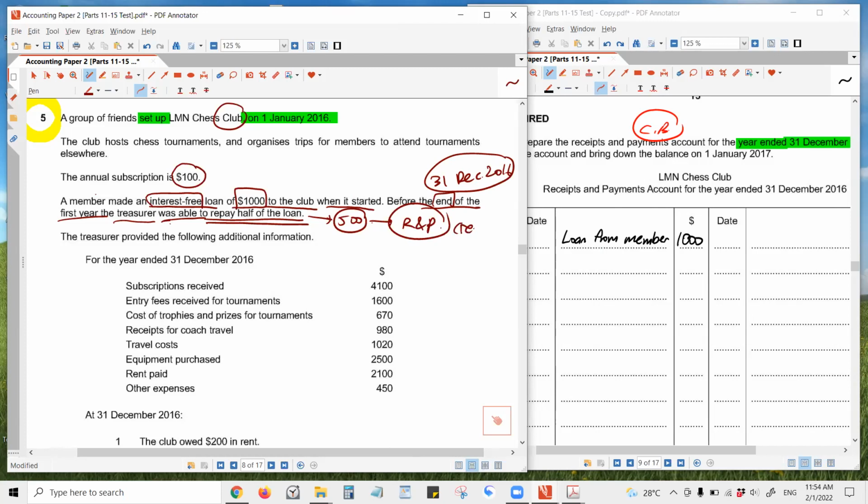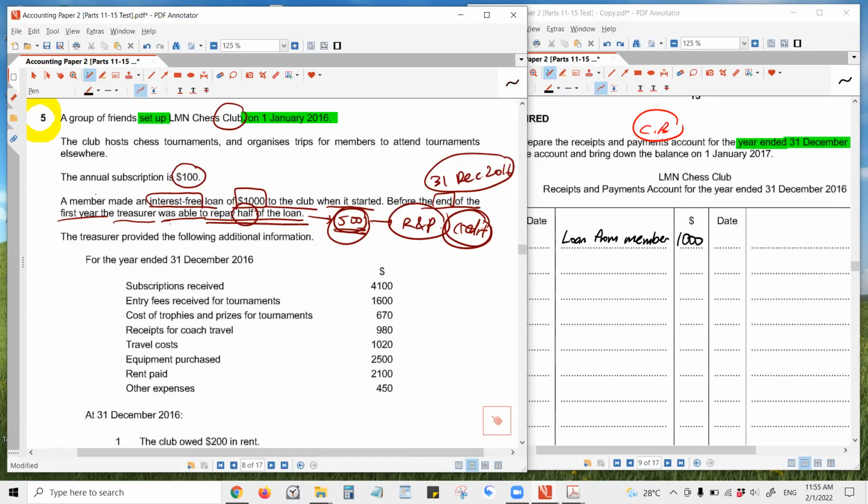Okay, put it on the credit side, because you are paying back money to the member, right? You repay the loan, right? And half means 500. Okay, half of 1,000. So later on, before you balance the receipts and payments account, you put the 500 on the credit side of the receipts and payments account. Okay, later we show it.